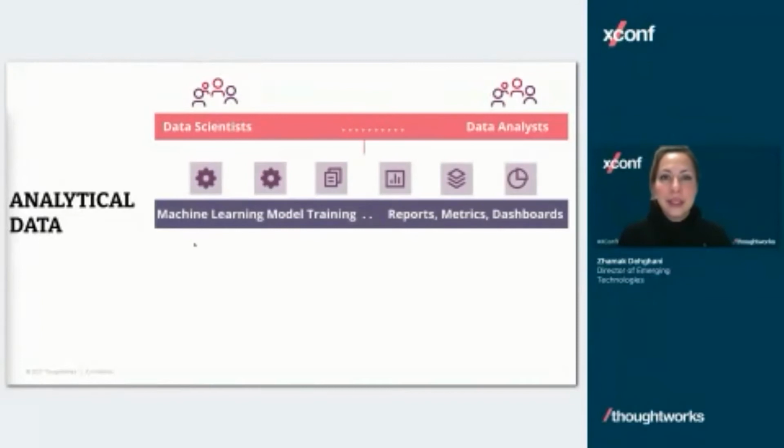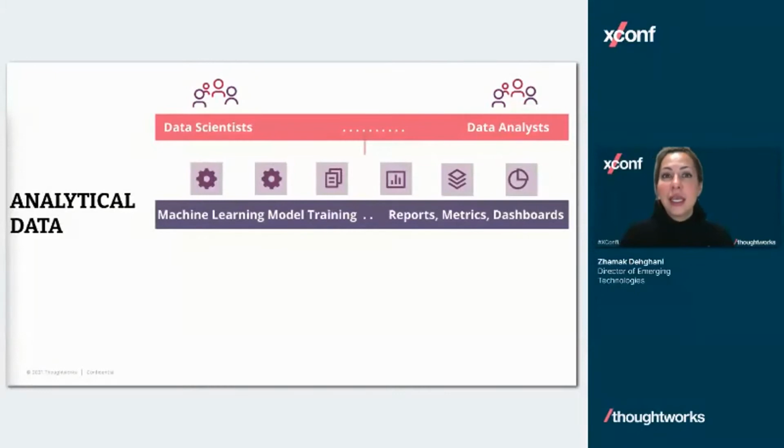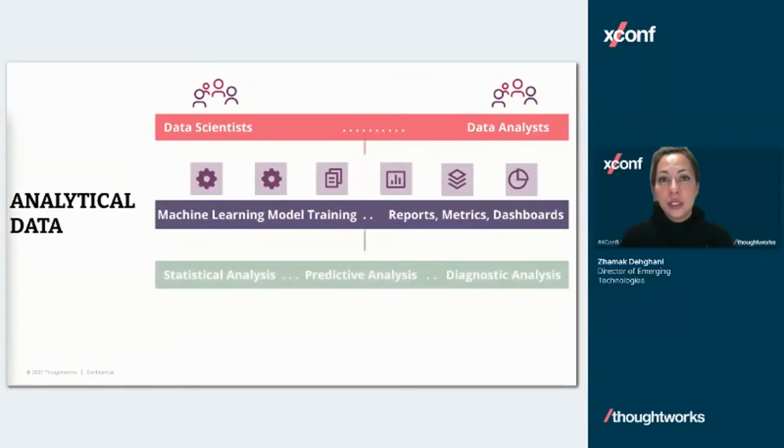The data is used for machine learning models to find patterns, to discover relationships between the facts that have occurred in the past, and to explore and exploit those facts in terms of making predictions. It's also used to build reports, do trend analysis to look at the past and see what sort of trends you see, and do diagnosis analysis.